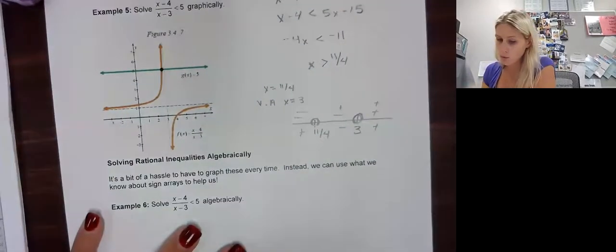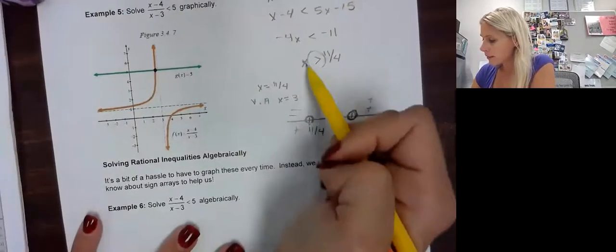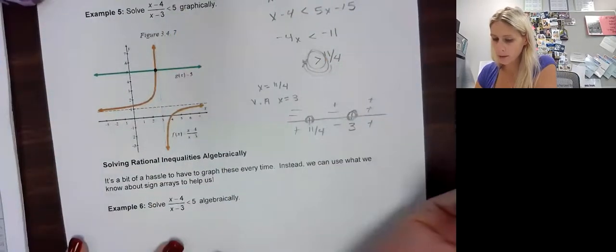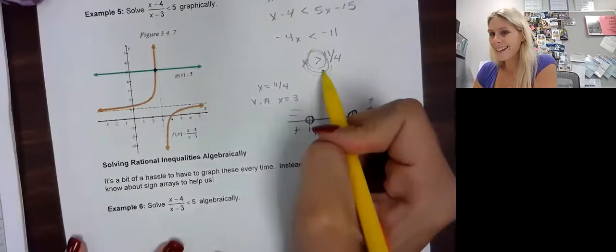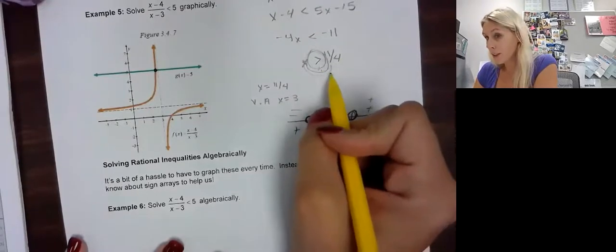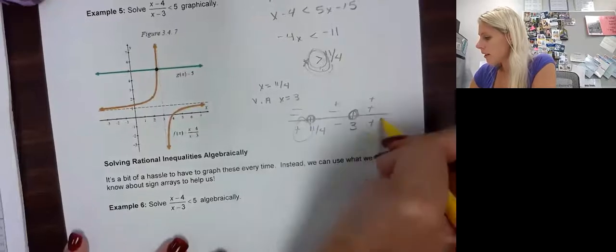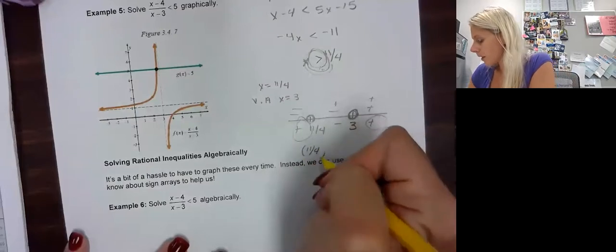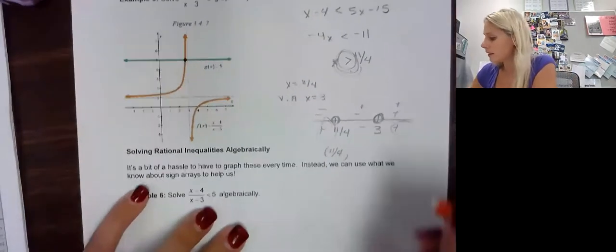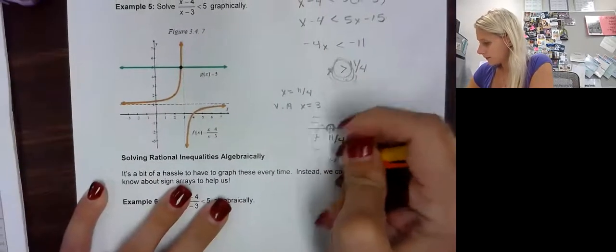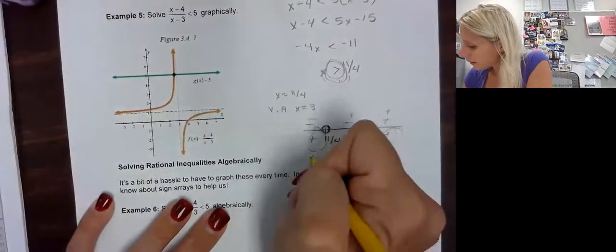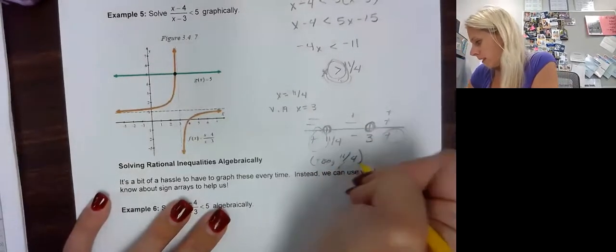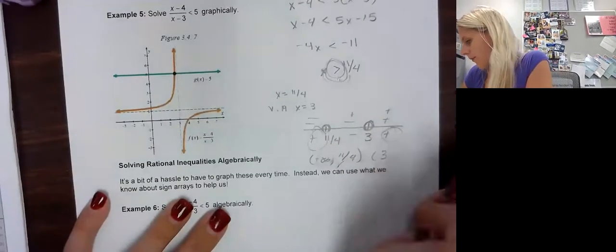And right here, we're going to go right back up to this one right here. Even though this says less than, we switched it around, right? So look at the last inequality that you have written. So right here, we get negative infinity to 11/4, and 3 to infinity.